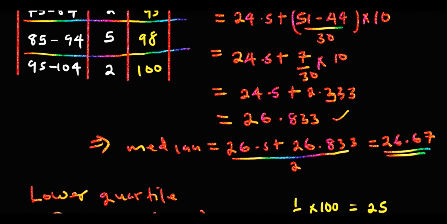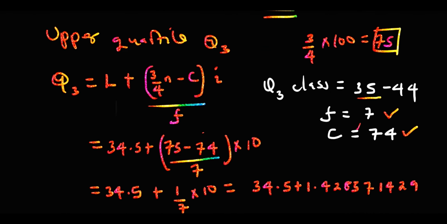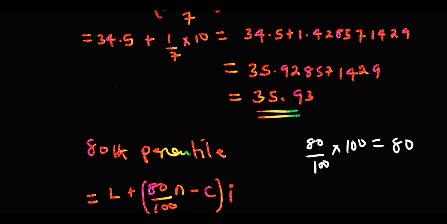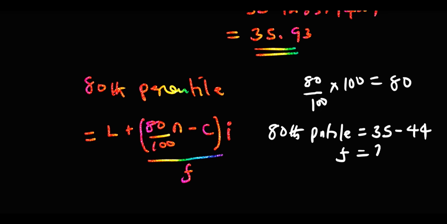So let us go back to calculations and see what we get for the 80th percentile. So the data we have from the table is that the 80th percentile class is 35 to 44, and its frequency is 7, and the cumulative frequency just above that class is 74.